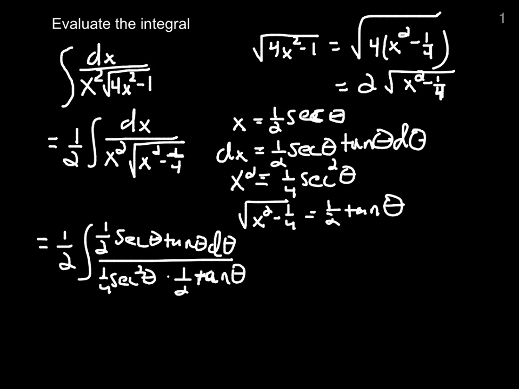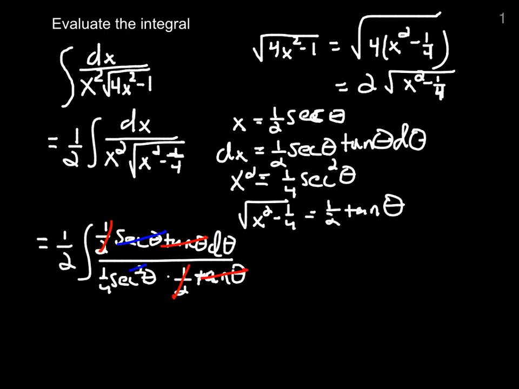Okay, we're going to simplify, cancel out the halves, take the tangent thetas and cancel them out, and then the secant theta from the numerator will cancel with one of the two that are down in the denominator.